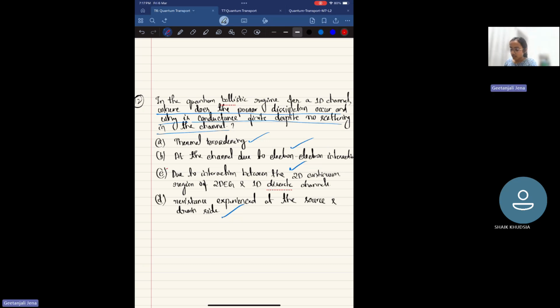Yes, the correct answer is option C. Whenever the 1D discrete channel of this quantum dot region meets the bulk, it has a different energy level. Whenever they meet, we'll see a resistance.